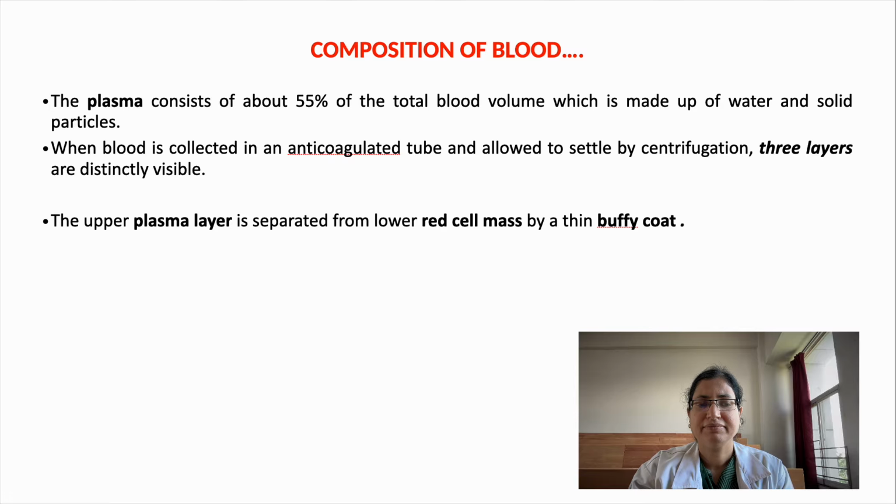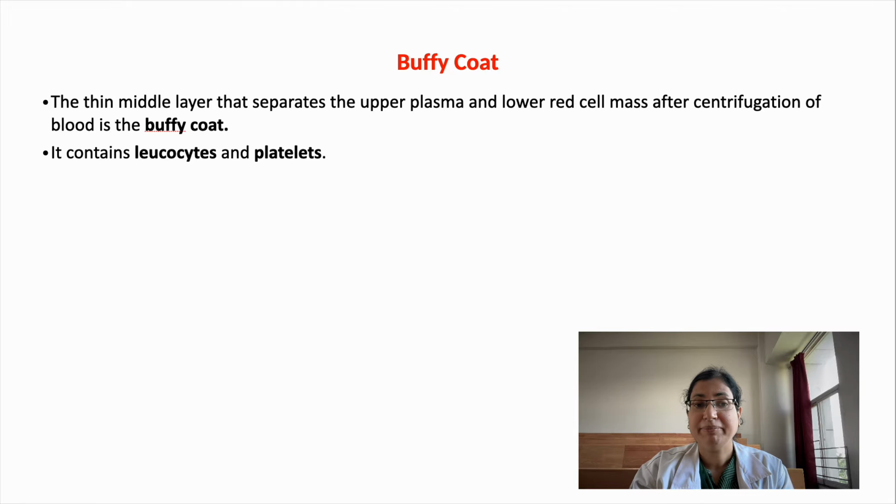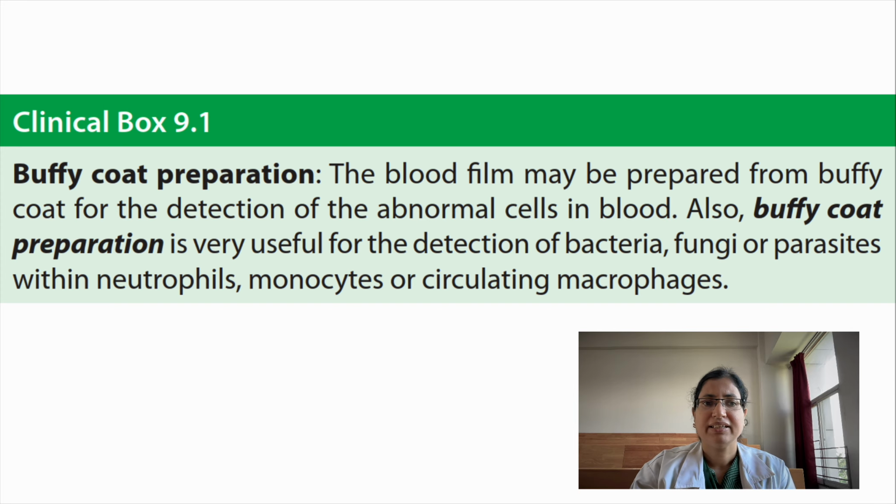So this thin middle layer that separates the upper plasma and lower red cell mass after centrifugation of the blood is the Buffy coat. It contains leukocytes, that is WBCs, white blood cells, and platelets. Here, the clinical box shows the importance: Buffy coat preparation.